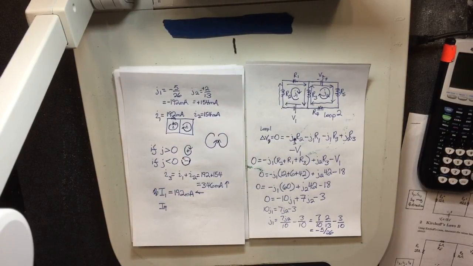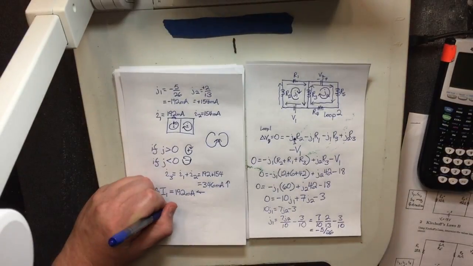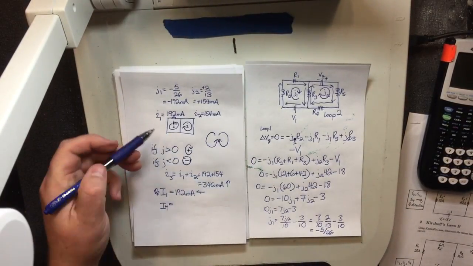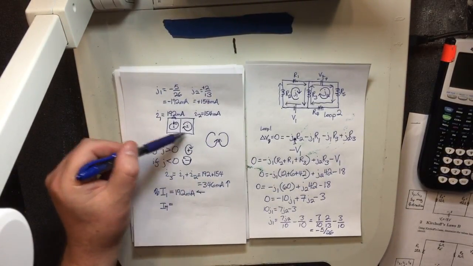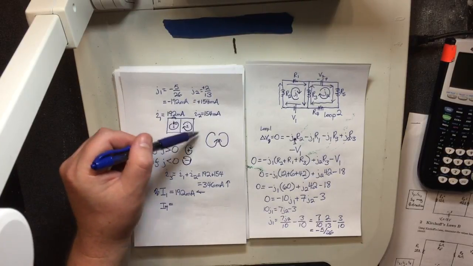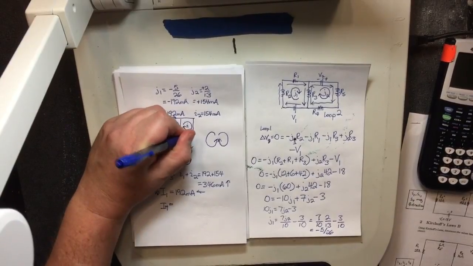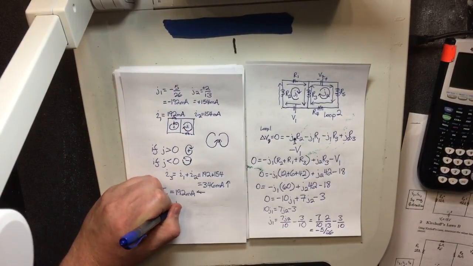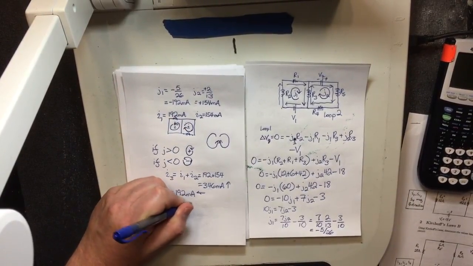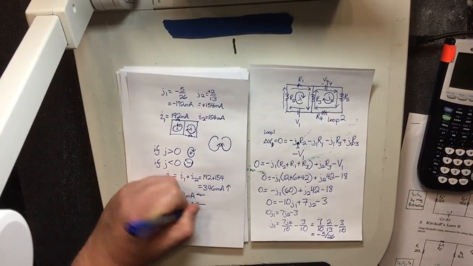Same current. Now I4, the current is running clockwise through it, and it's running from right to left because down here its current's there to there. So it's 154 milliamps right to left.